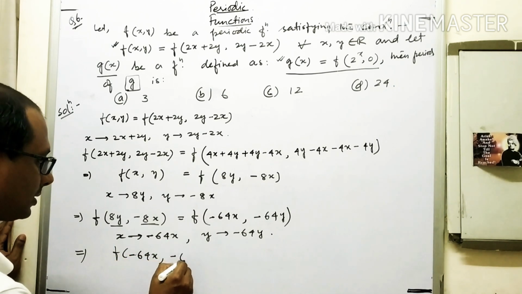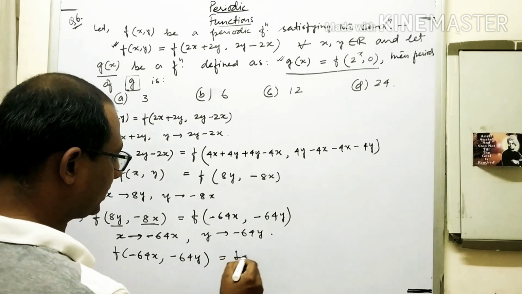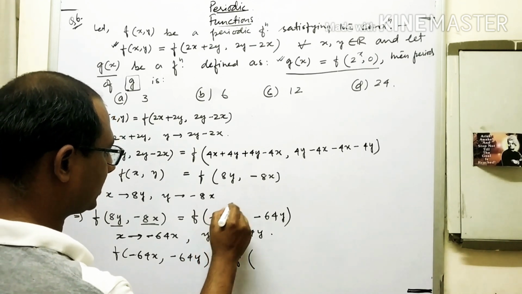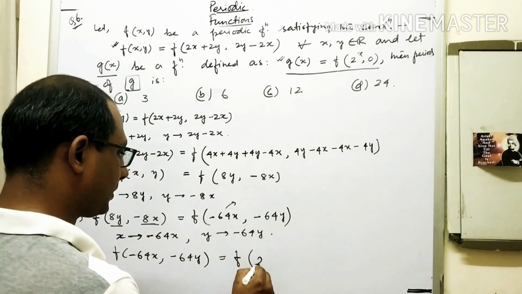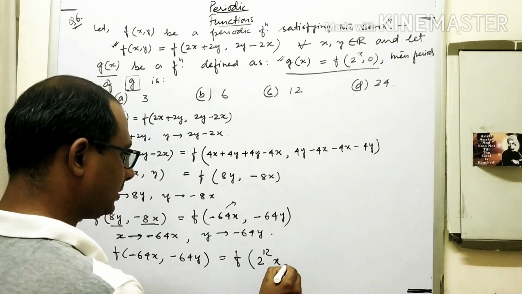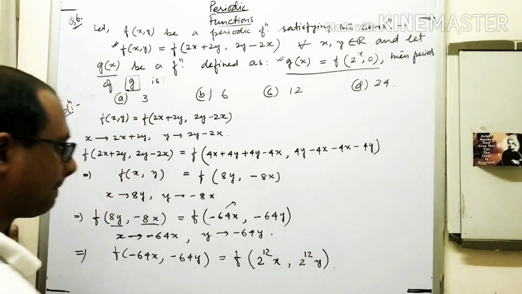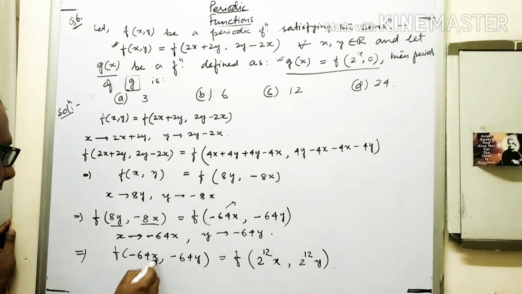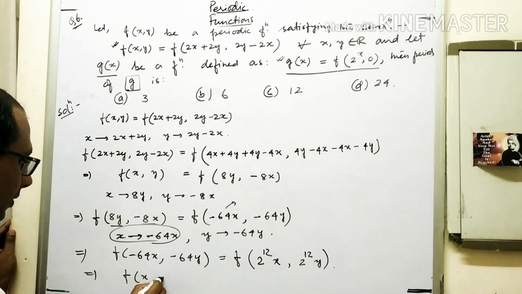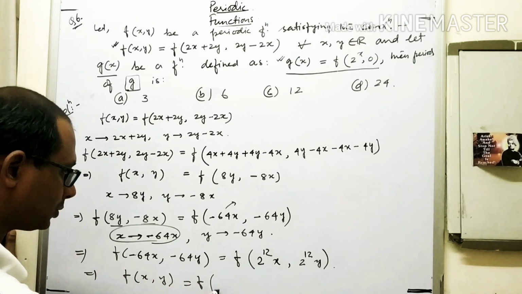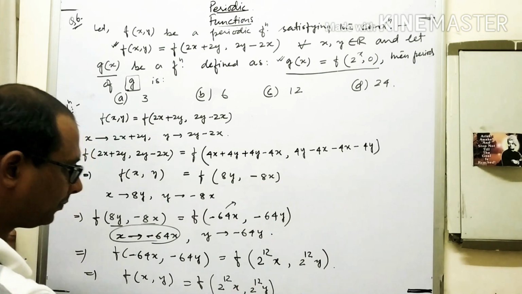f of (x, y) will be equal to this, so f of (minus 64x, minus 64y) will be equal to, here we'll be getting minus 64, this one is 2 to the power 6 into 2 to the power 6, to the power 12 x comma 2 to the power 12 y, right? Again minus 64x we have replaced as x, so this can be written as f of (x, y) equals f of (2 to the power 12 x, 2 to the power 12 y).